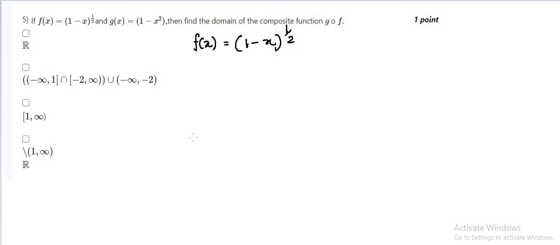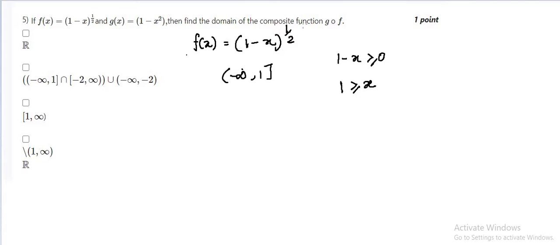This quantity is real when 1 minus x is greater than or equal to 0. You can also write that x should be less than or equal to 1. So the domain of f of x is minus infinity comma 1 in a closed interval.